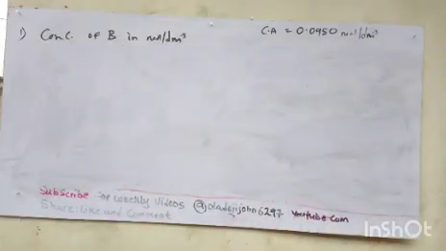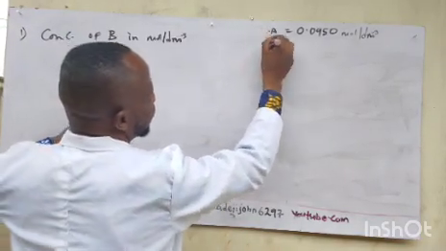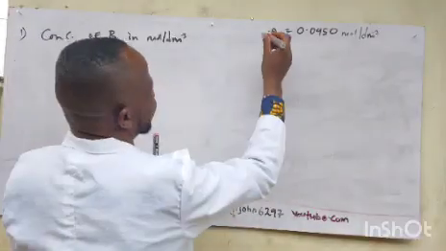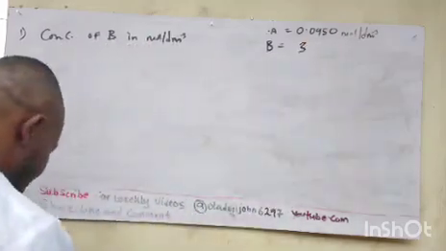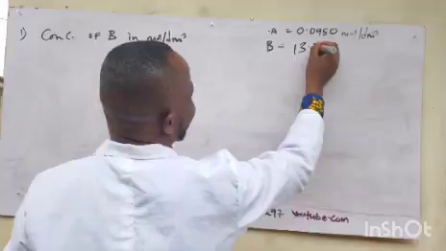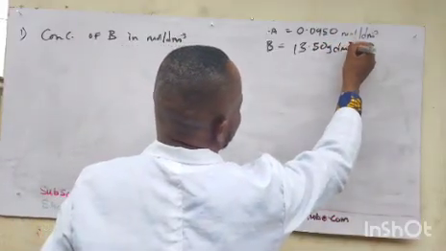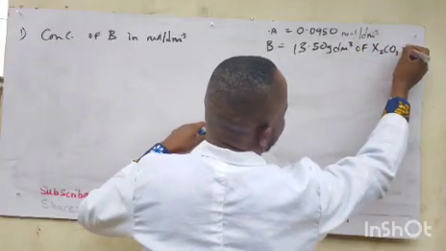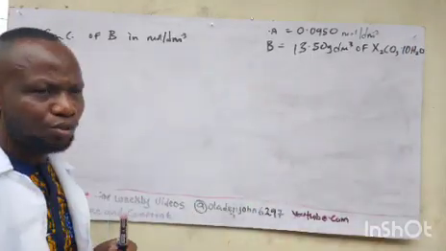Mole per dm cube. Then what other information do we have from the question? We have B, a solution containing 13.50 gram per dm cube of X2CO3 decahydrate, X2CO3·10H2O.